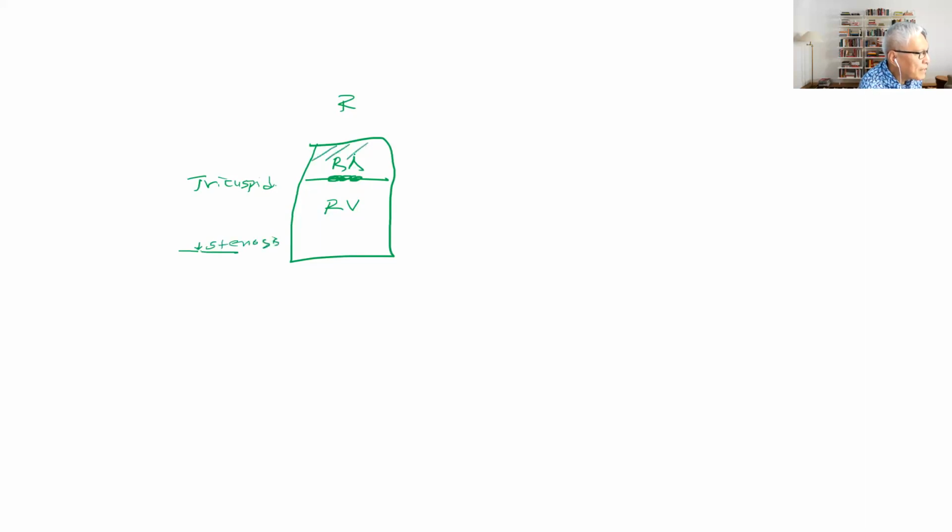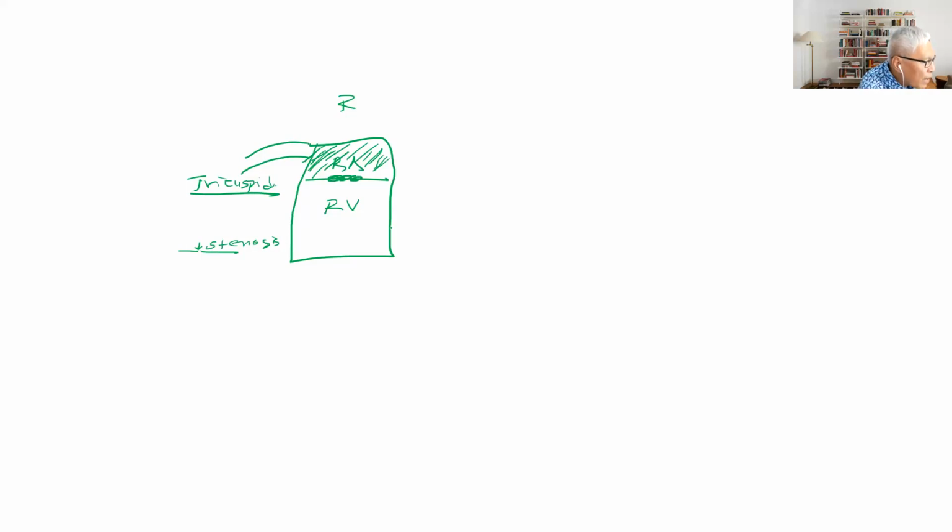You're going to have an increase in blood congestion over on the right atrium. So it basically is going to cause right-sided heart failure. So tricuspid stenosis or tricuspid valve disease can cause right-sided heart failure.